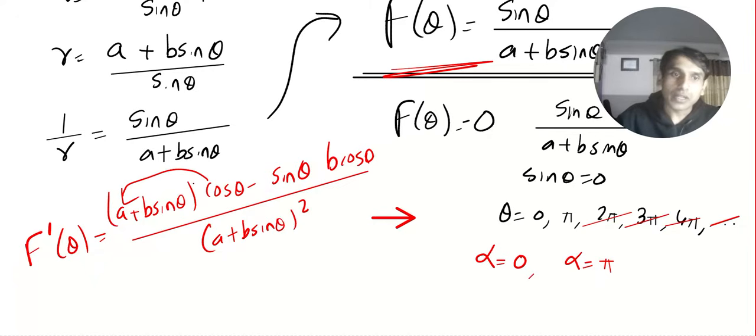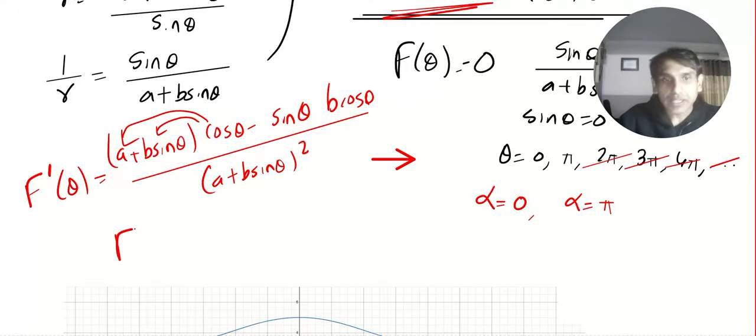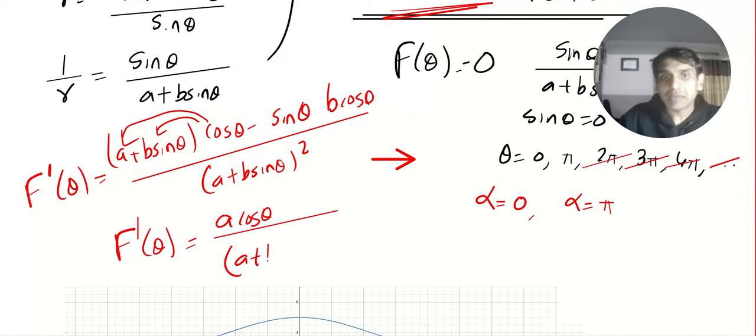Now you can distribute cos θ, simplify, and we get the derivative as a cos θ divided by a plus b sin θ, the whole square. Now what is the next thing to do?